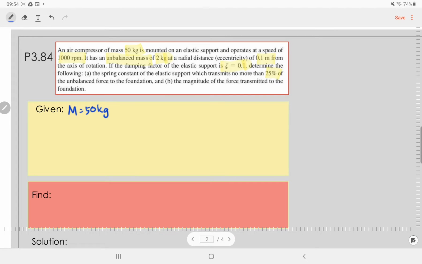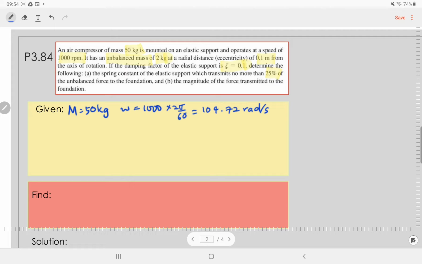Okay, so your omega here is in RPM, so you have to convert it into your radian per second. So you have to times 2 pi over 60. So you should get, if you calculate that, 104.72 radian per second.